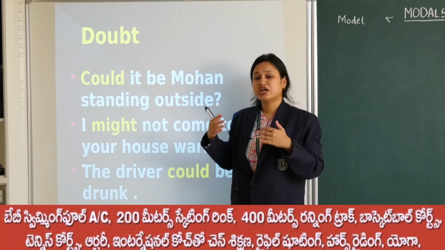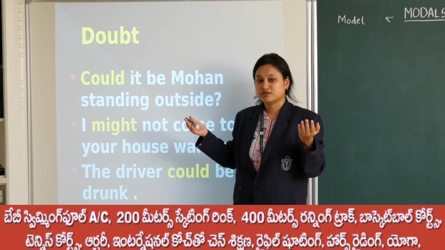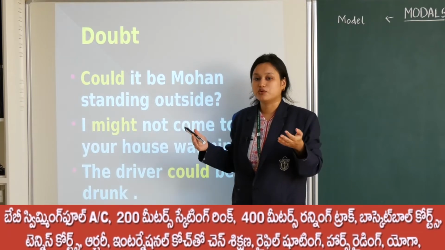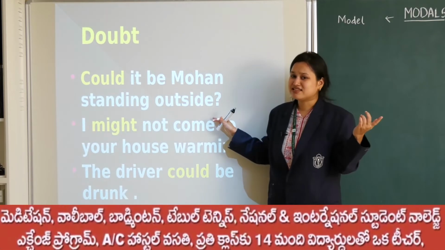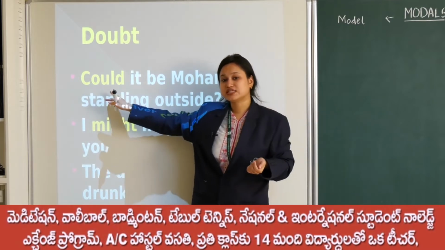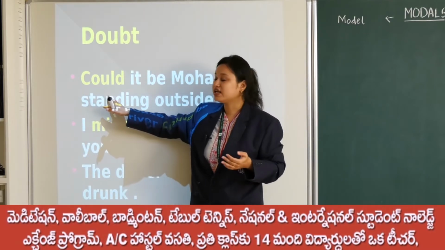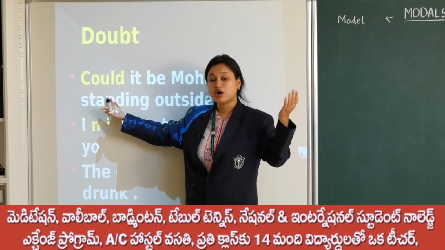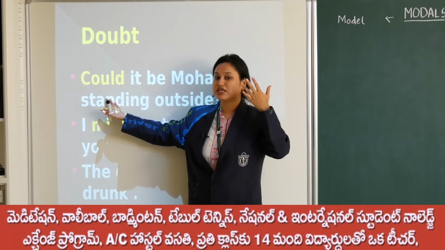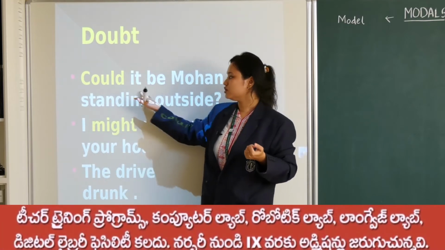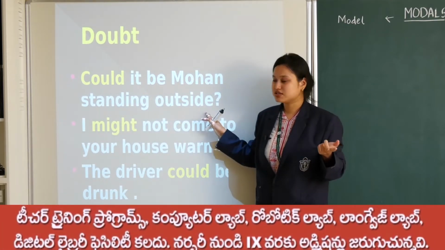You are trying to assume who was there. You are in doubt, so you say, could it be that sir? We are trying to convey the doubt in our mind. Could it be Mohan standing outside?